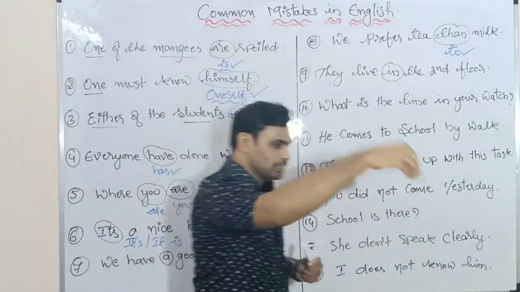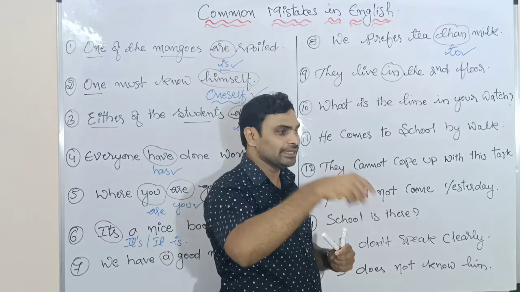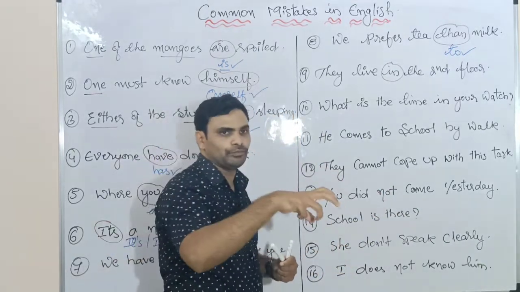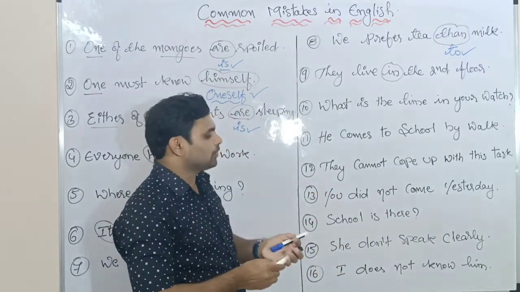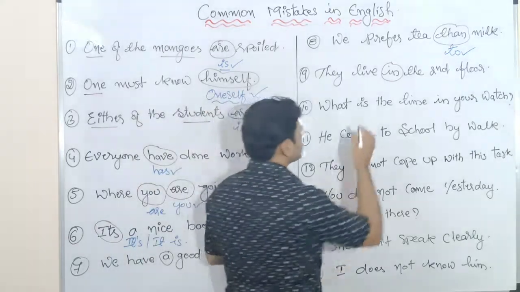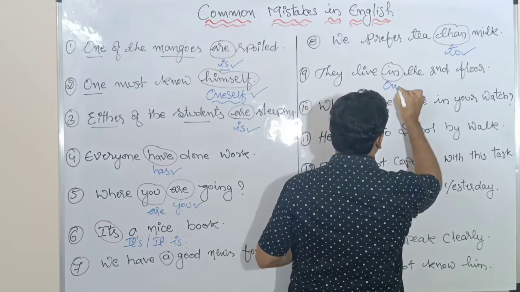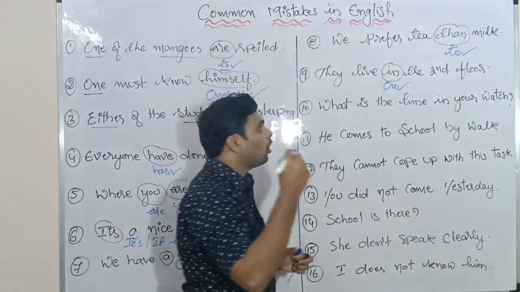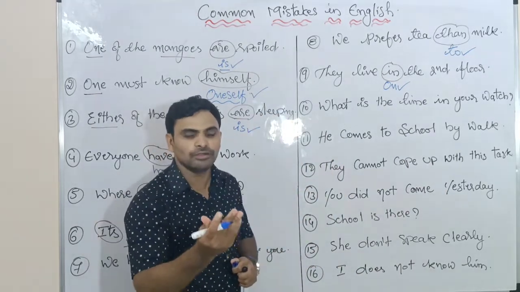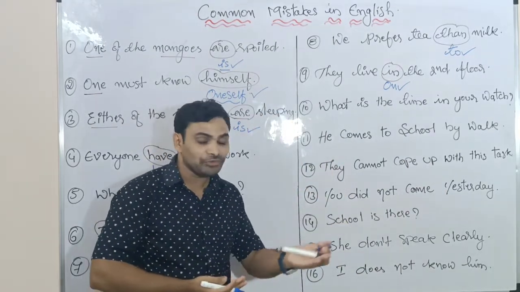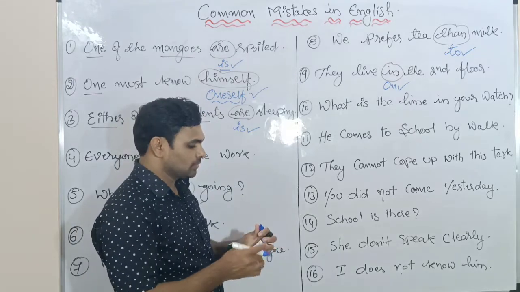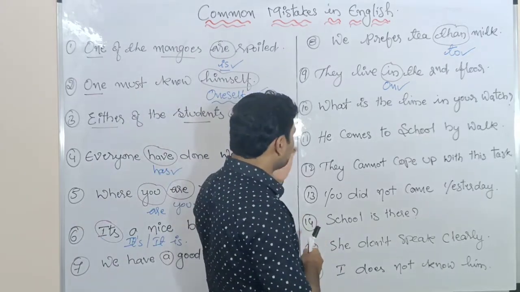You are not living in the second floor. In the place of in, we have to use the correct word on. They live on the second floor. On refers to the surface, the ground. Very good.